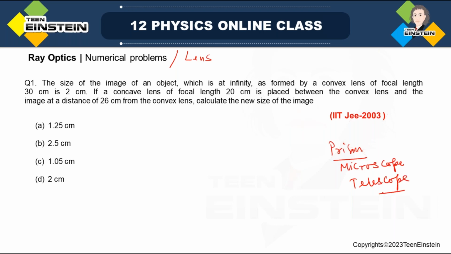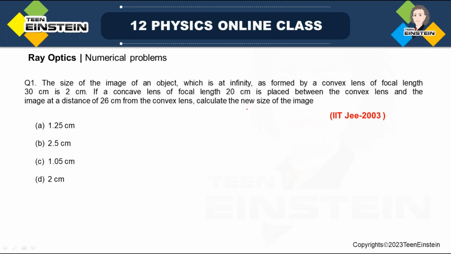So today, let us take a few numerical problems which were asked in JEE Main exams in previous years. That will give you some idea about how questions come and how to prepare.